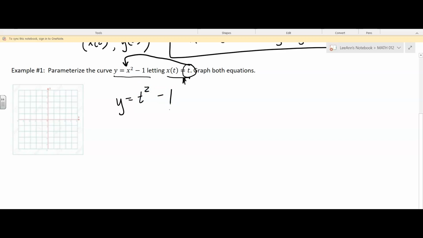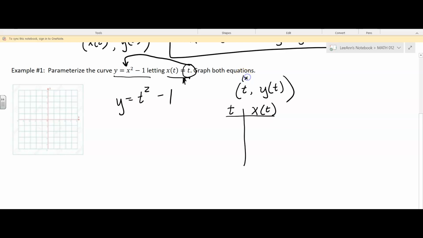Now, that might not be very exciting, but we have that. In the world of ordered pairs, then, we're going to be putting in a t, and then we're going to be finding y of t. Okay? So we can think about putting in a bunch of values, but let's just make a table of values here where we're going to say t, and we can say x of t, just to be more accurate.